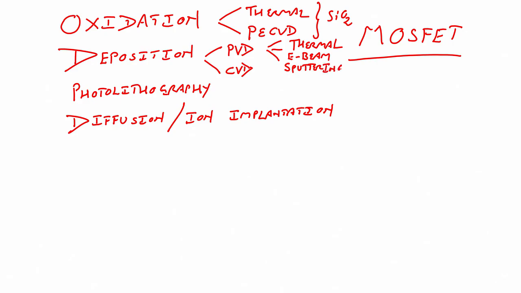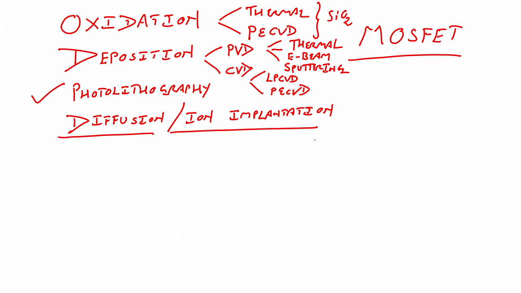And in CVD we have seen 2 types, LPCVD and PECVD, right. Then we have seen photolithography, and this is the process that we need to see, but we will not go into detail.